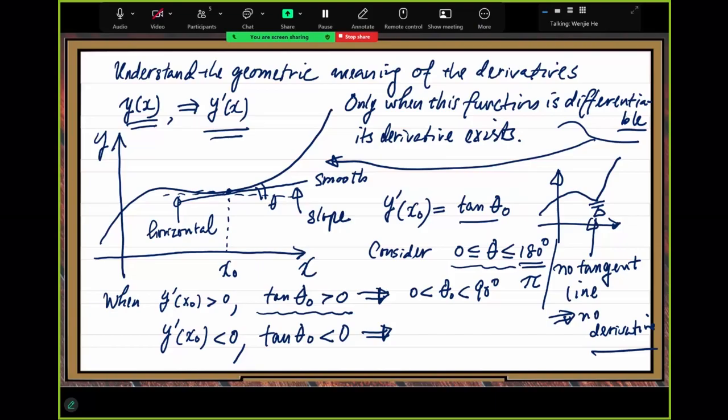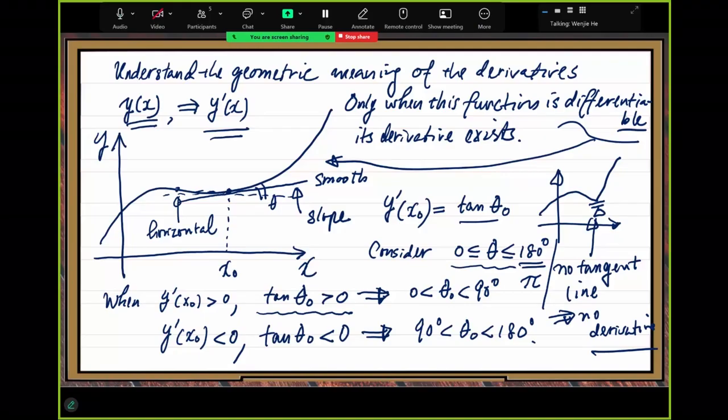That is, theta is between 90 degrees and 180 degrees.